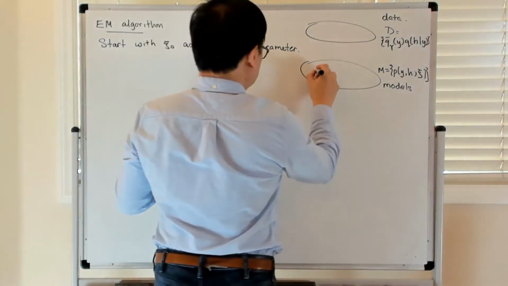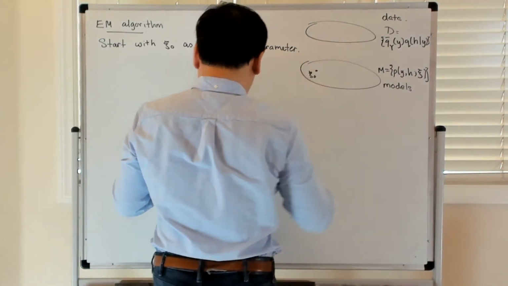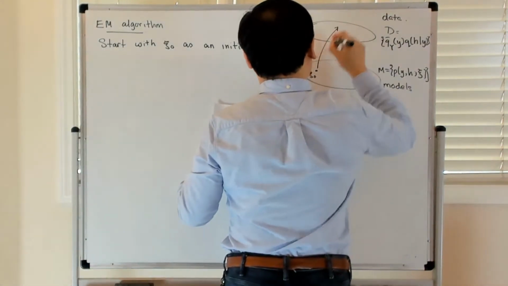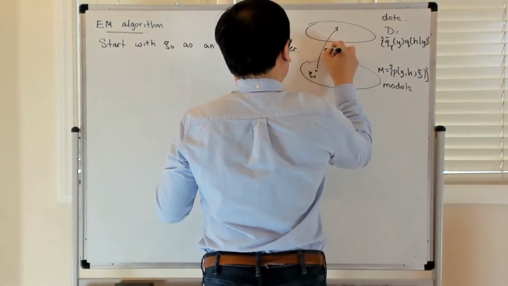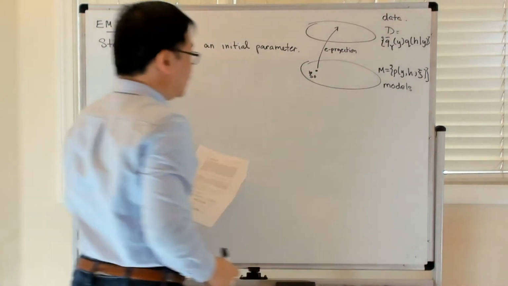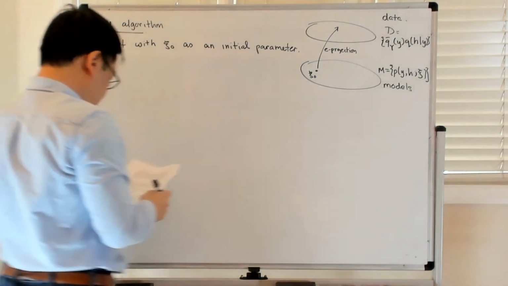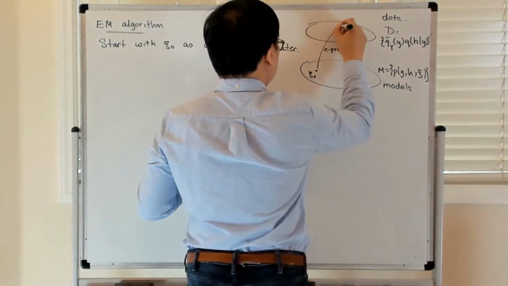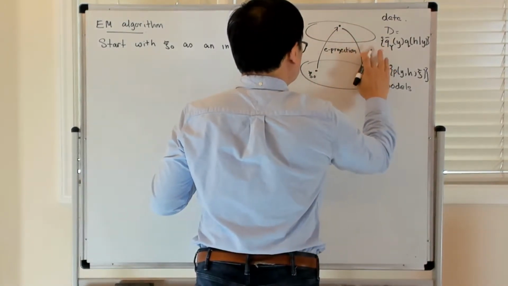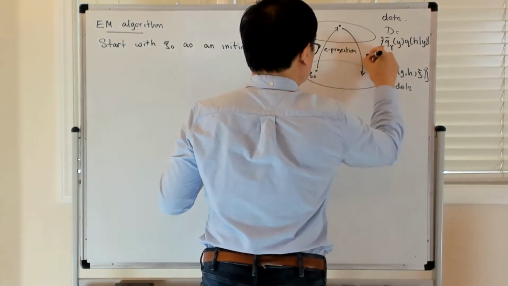And then what you first do is what's called E projection onto the data manifold of that point. And then once you've done that, you can do a second step, which is M projection back onto the model space.